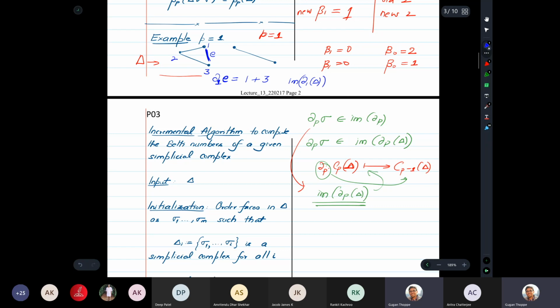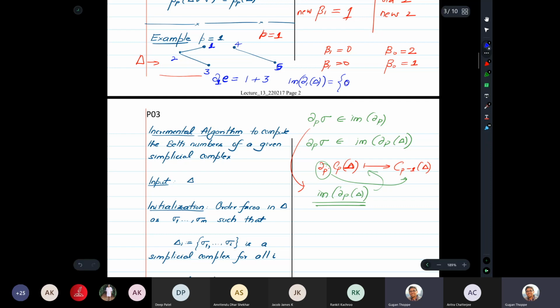Now let's look at what is the image of ∂1 of Δ. We don't have to worry about this edge, because Δ doesn't have this edge. So what is the image of ∂1 of Δ? Let me label this as 4, 5. I have to basically ask, if I take every possible one-chain in Δ, what would be the output when I apply ∂1?